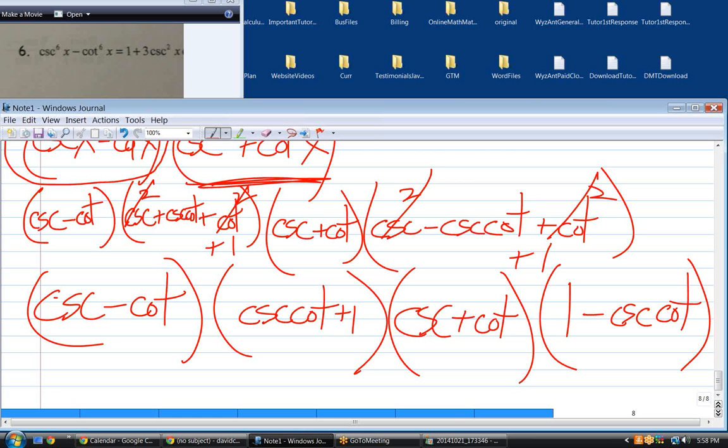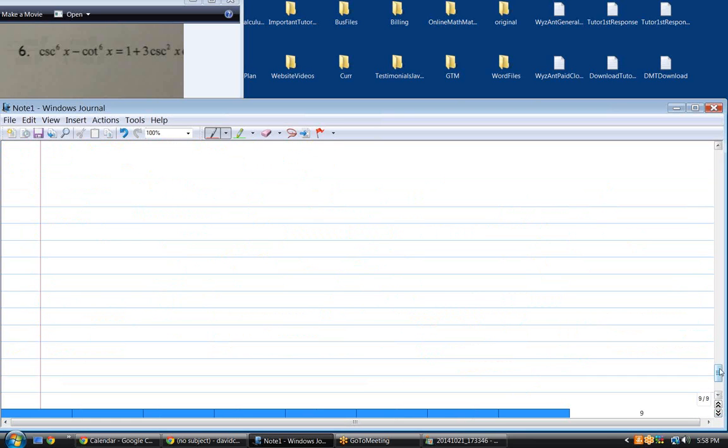How is all of that equal to that? If I multiply this times that, I get cosecant squared minus cotangent squared. That's 1. So I can cross both of those out, because multiplied together they're equal to 1. Now all I have to do is multiply that times that, and I should have what they're looking for.